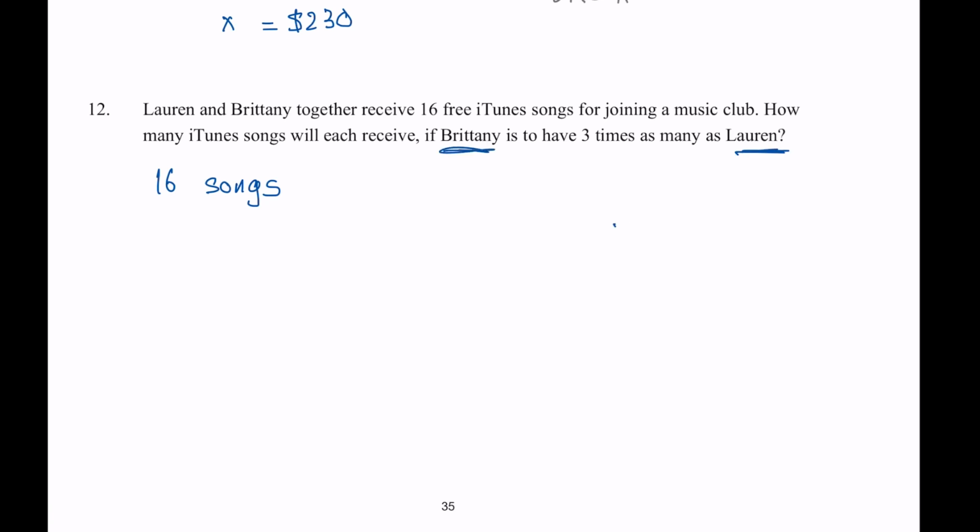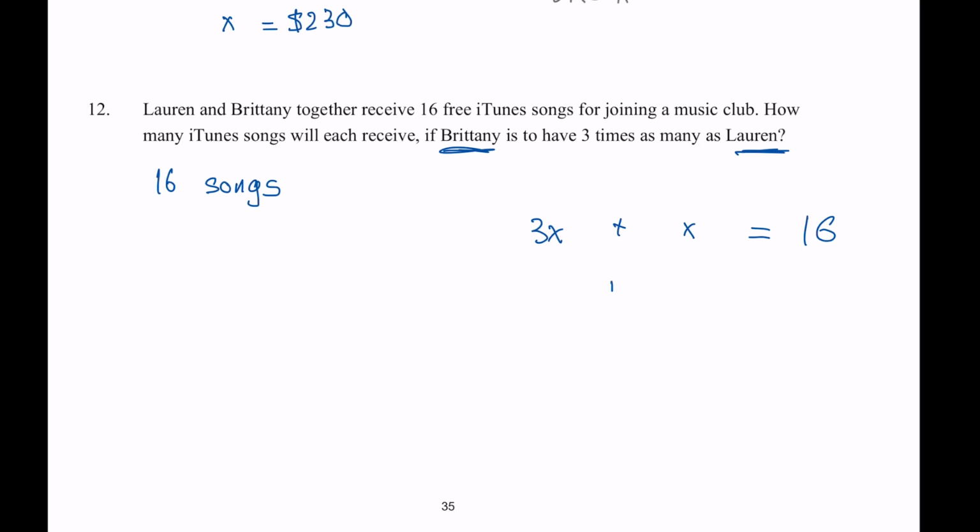So the sum of the songs they get must be equal to 16. How many songs will each receive? Brittany is to have 3 times as many as Lauren. So Lauren will get x number of songs, and Brittany will have 3 times whatever Lauren has. So there is the setup.